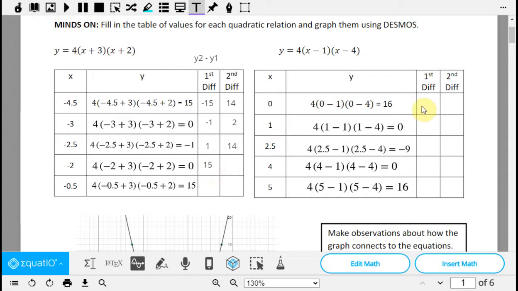Coming over to this table, from 16 to 0 is -16. From 0 to -9 is down 9, or -9.